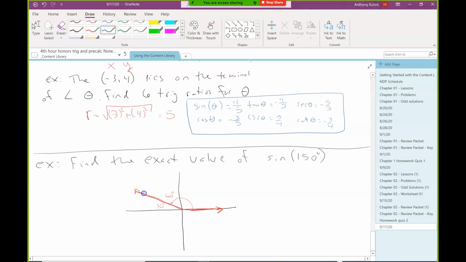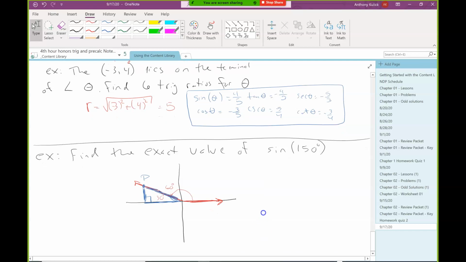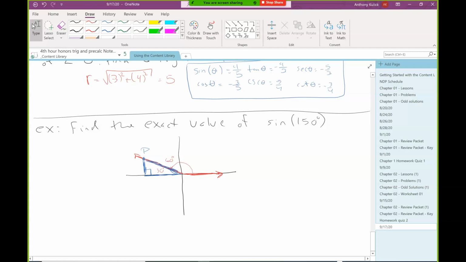Okay. Now I'm just going to pick some point. There's my point P that's on the terminal side. And I'll draw my right triangle back to the x-axis. When I do this, I'm always drawing back to the x-axis. And what kind of triangle have I just drawn here? It's a 30-60-90 triangle, right?